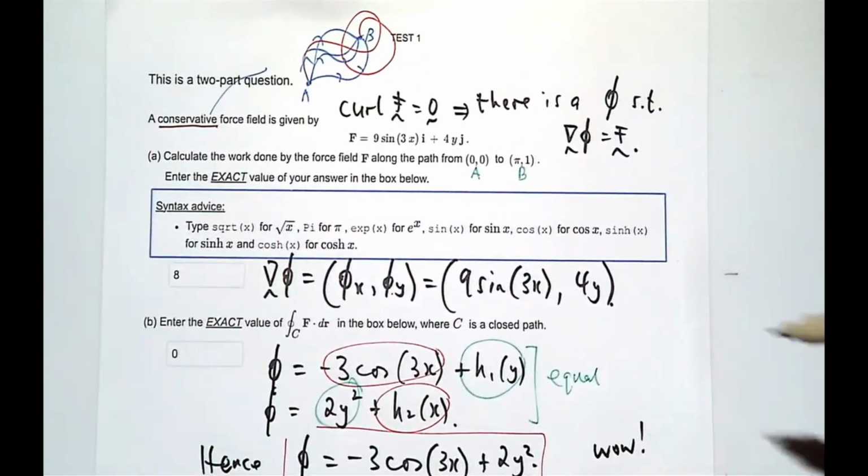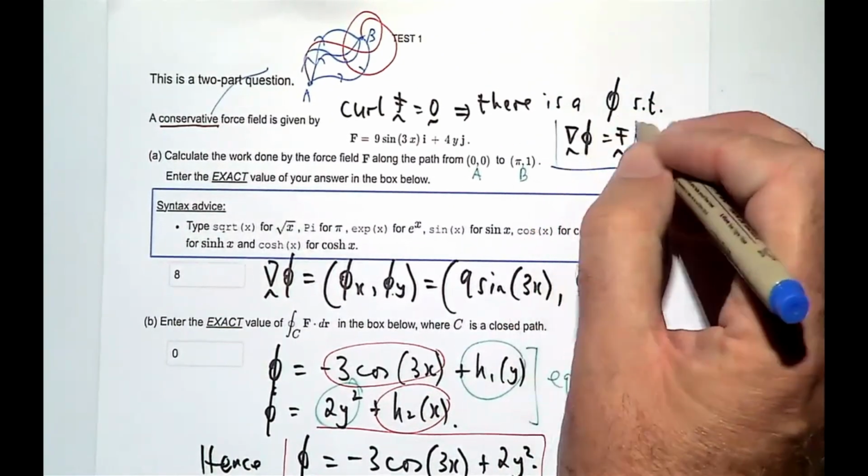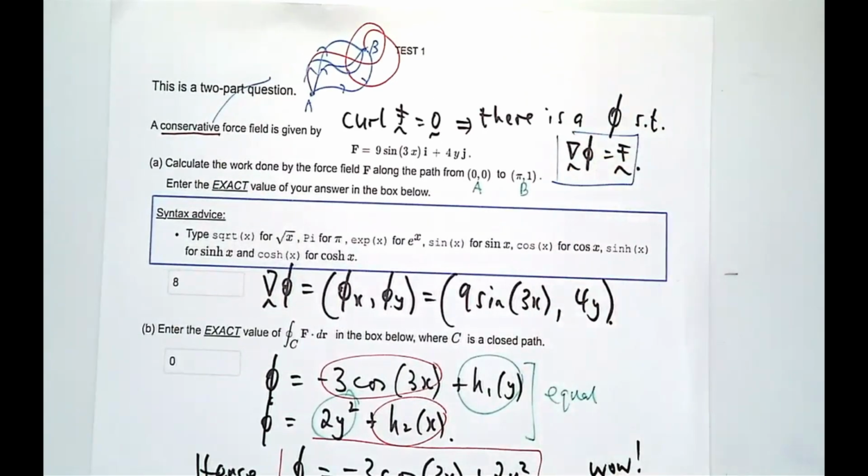And that's the equation that you're starting to solve. So you've got two partial differential equations there, and you want to come up with this scalar field, this function phi, that satisfies grad phi equals the given vector field.